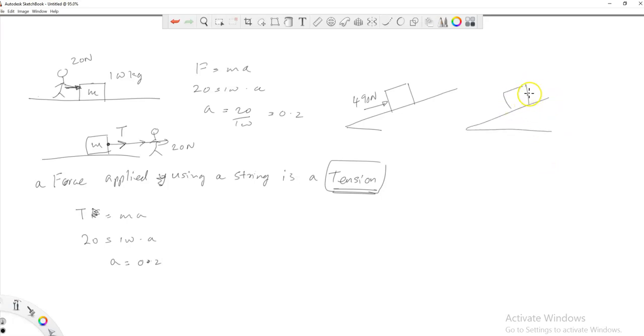Object here, attach a string and then pull the string. You are here, the same force. So now you are applying a tension of 490 newtons to prevent this object from sliding. If you apply more than that, you can accelerate this thing up the ramp. Okay?